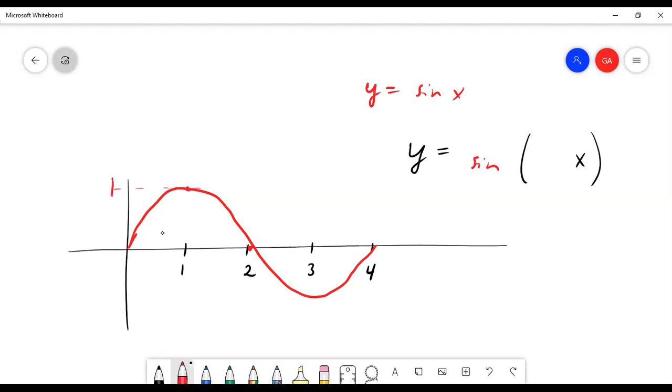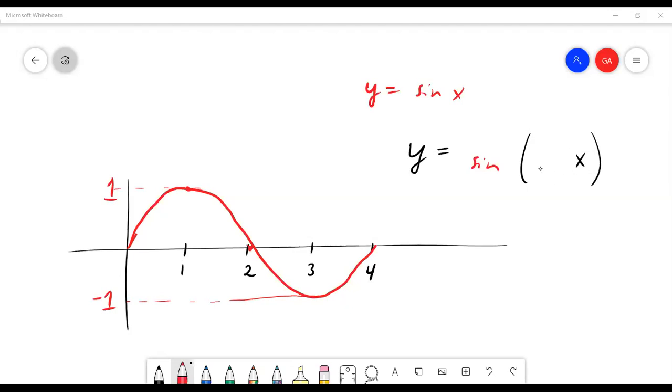So I haven't touched anything vertically, but I've dilated it horizontally. So can anyone tell me what the equation for this graph is? Add a coefficient. Very good, Caleb. Yeah, so I need, and you can tell I've left some blank space here for me to do that. And so this is the challenge.